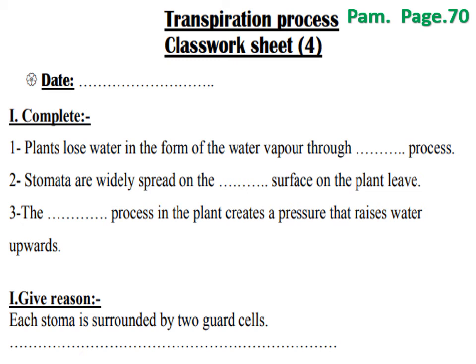Pamphlet page 70. Complete. Plants lose water in the form of water vapor through transpiration process. Number 2. Stomata are widely spread on the lower surface of the plant leaves.